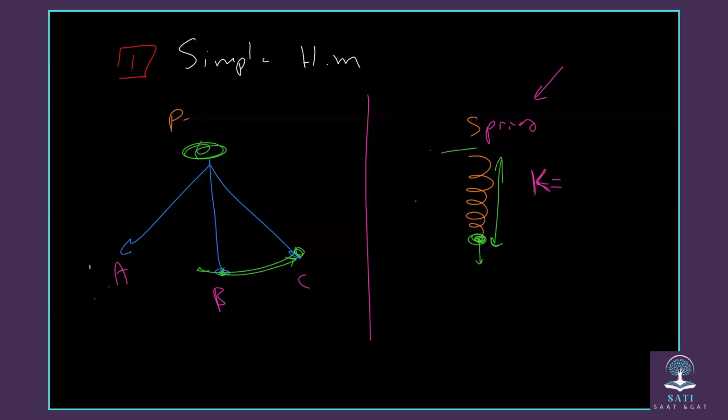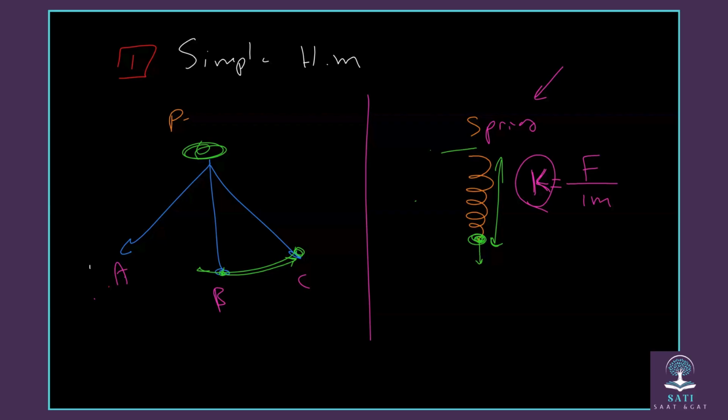So the amount of force that can extend this spring for 1 meter is called the constant of the spring. What is the constant of the spring? It's the amount of force that will be able to extend this spring for 1 meter.